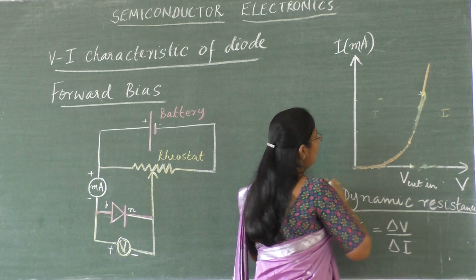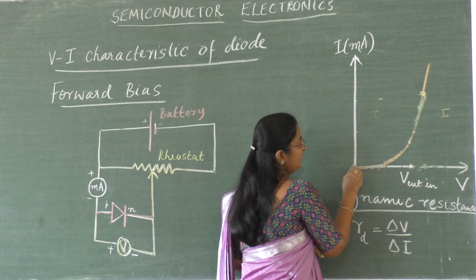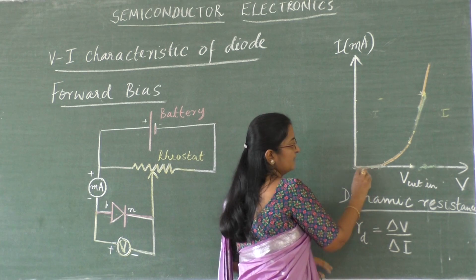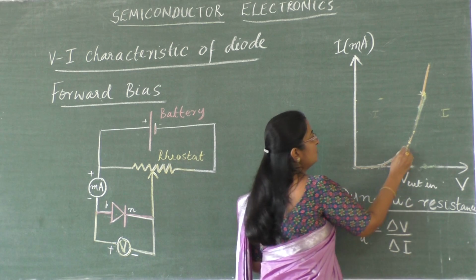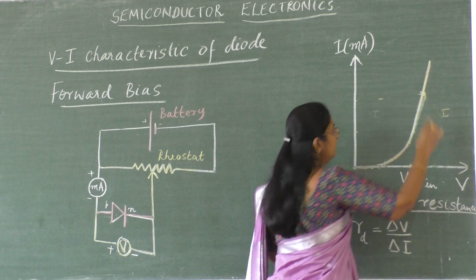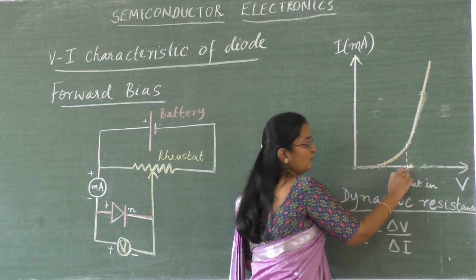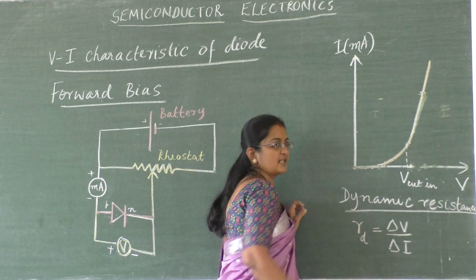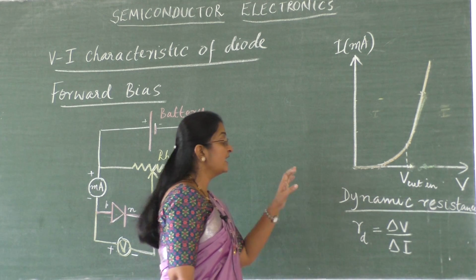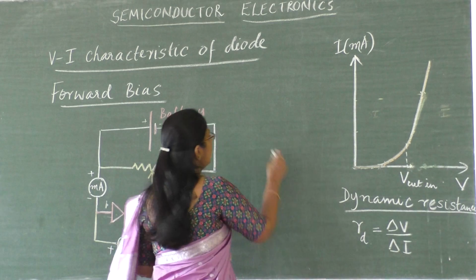In this graph, first the line almost touches the x-axis, then the knee of the curve, and then a sudden increase. The forward voltage value after which the current increases sharply or exponentially is called the cut-in voltage.